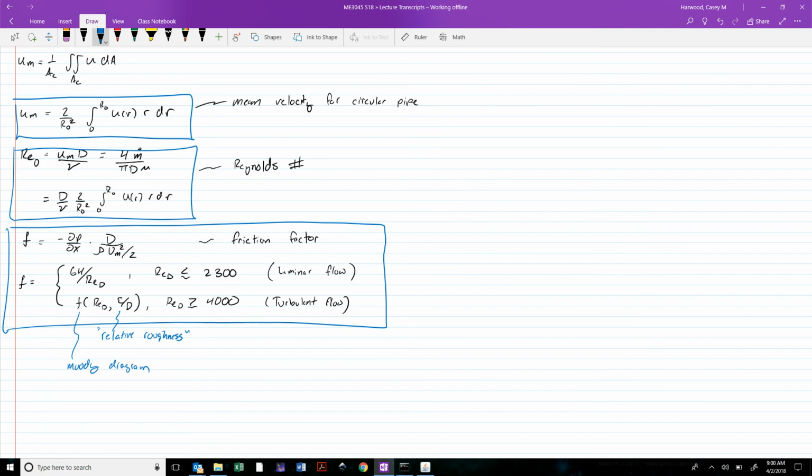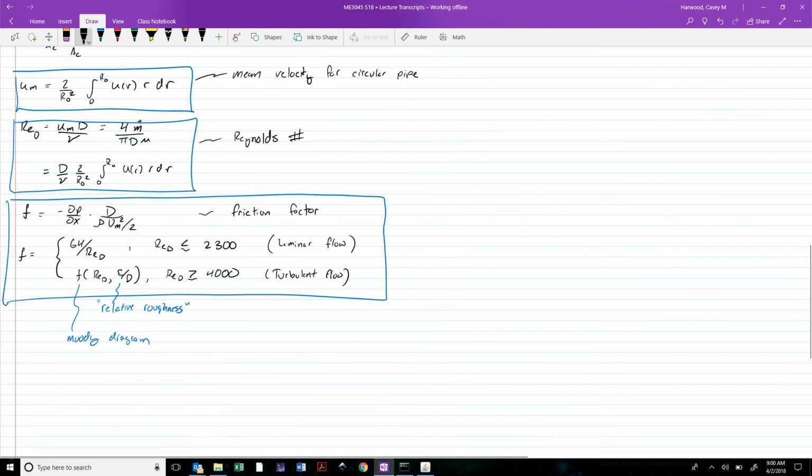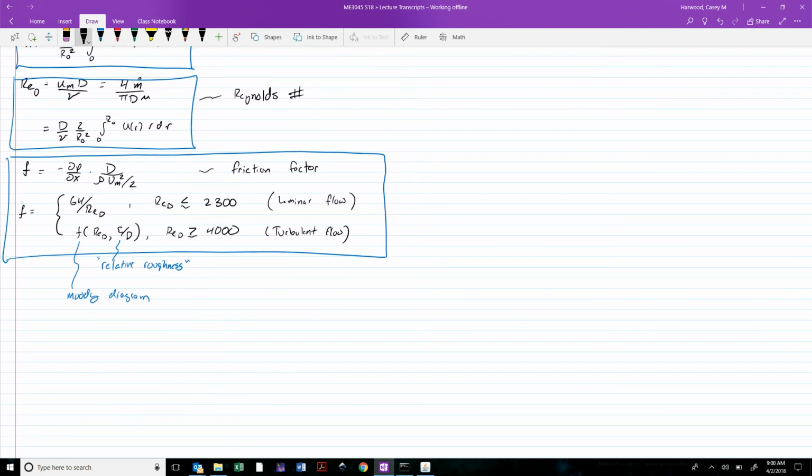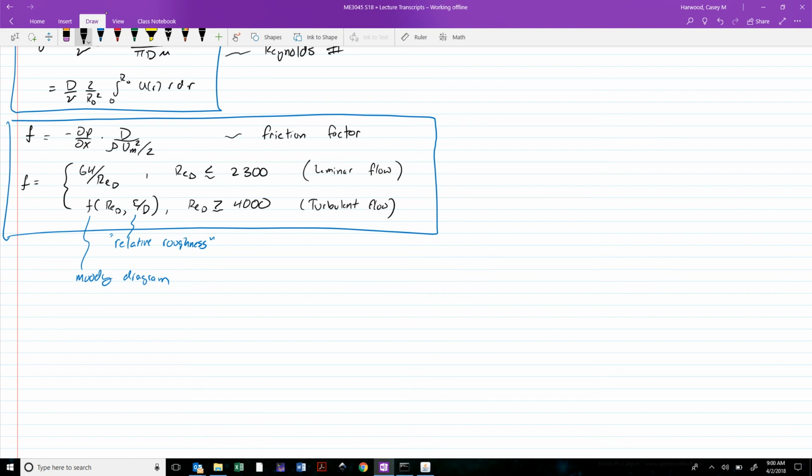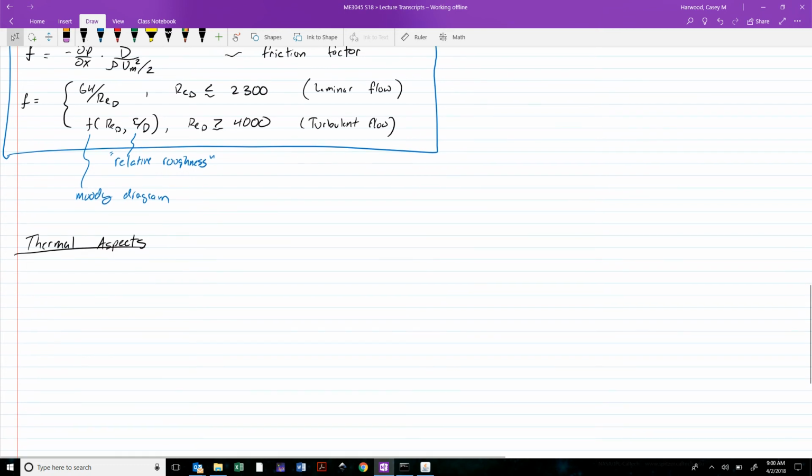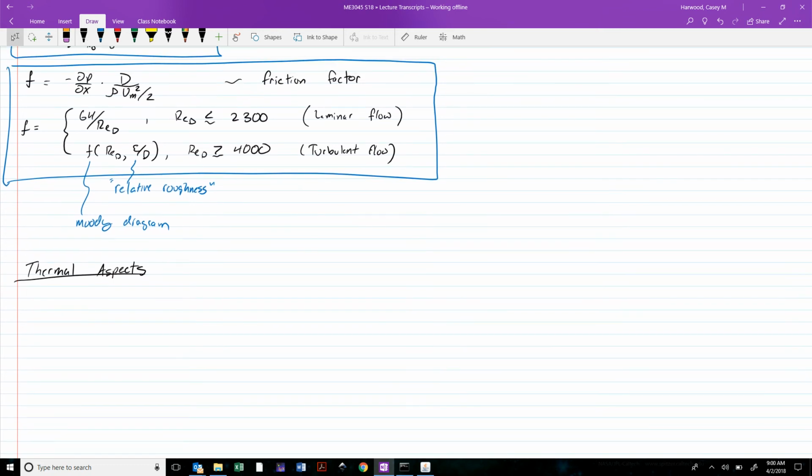Okay, so what about the thermal aspects of flow through a pipe? We're going to draw a figure that looks very similar.